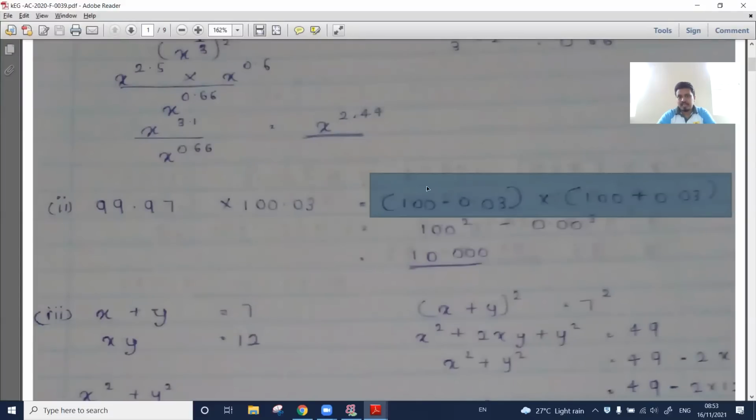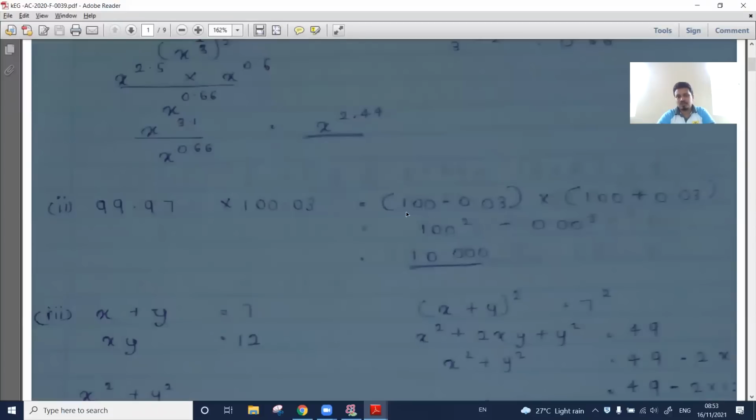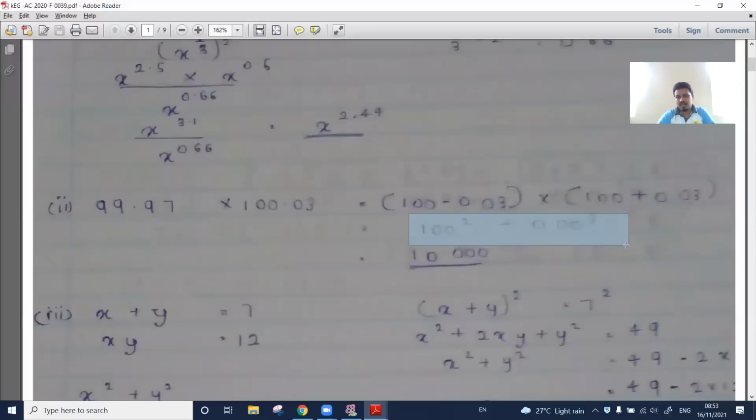If we take A as 100 and B as 0.03, this is A minus B into A plus B. So this is the difference of two squares. What are those two squares? 100 squared minus 0.03 squared.